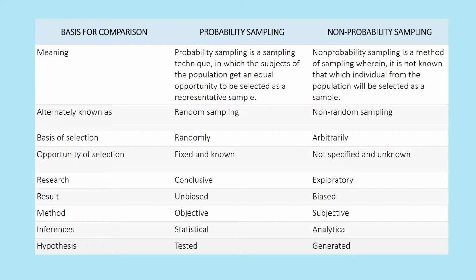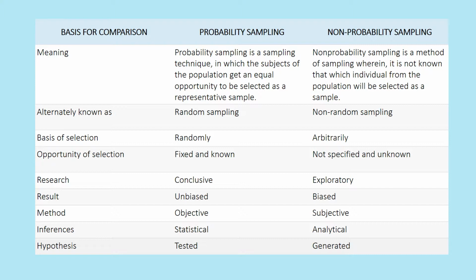With non-probability, we're looking at something more exploratory. It's going to give answers, but it's not going to answer a question. With probability sampling, the type of selection is non-biased, and that is going to reflect in the results, as opposed to non-probability sampling.